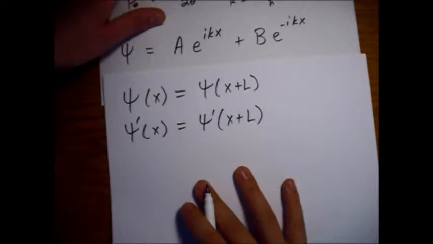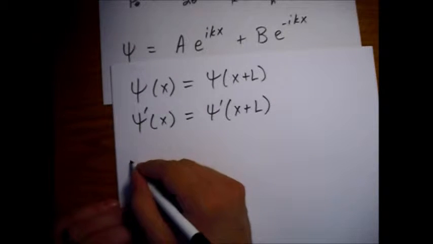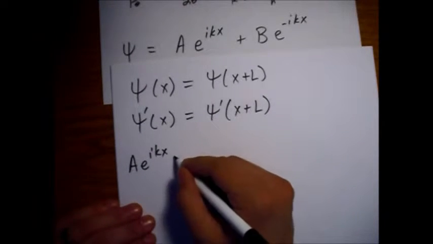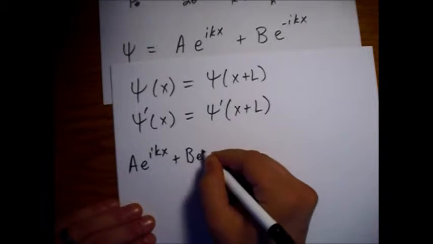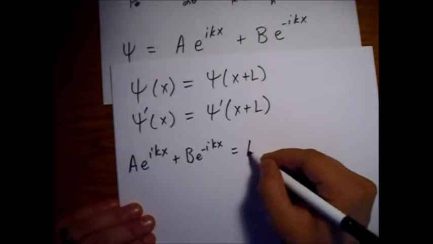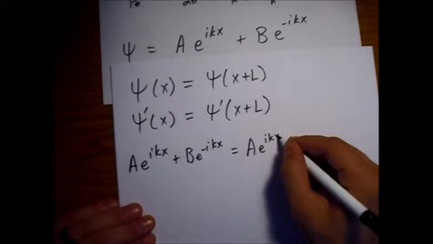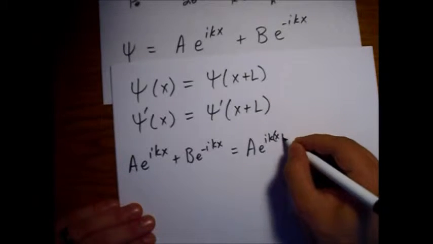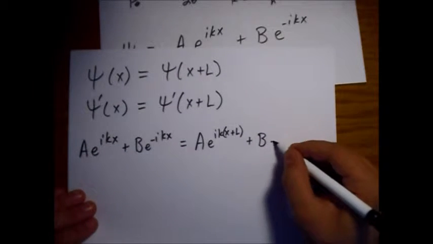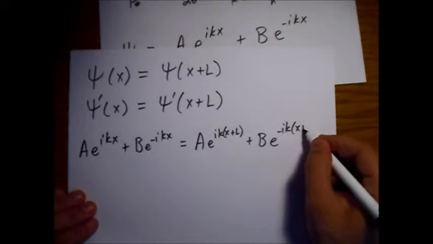Let's go ahead and write these out. So I have a e to the i k x plus b e to the minus i k x equals a e to the i k (x plus L) plus b e to the minus i k (x plus L).